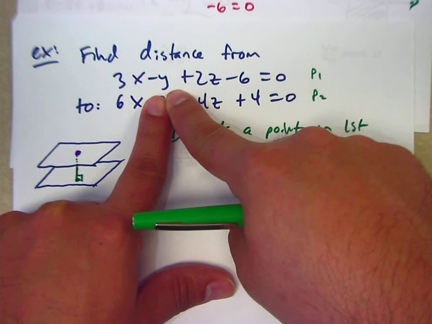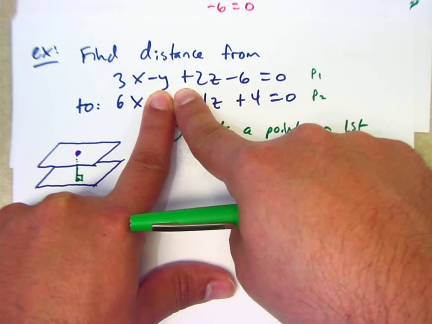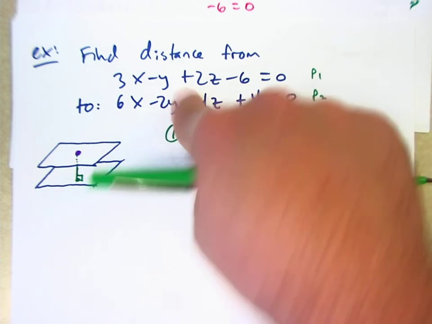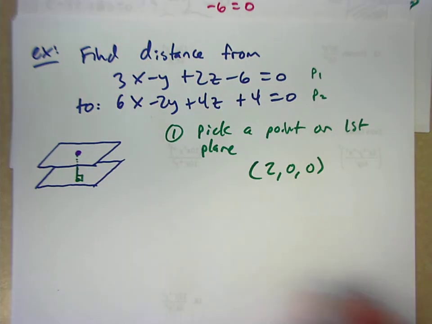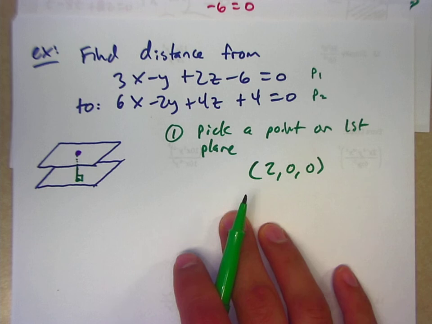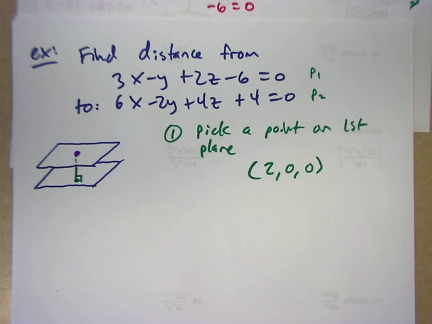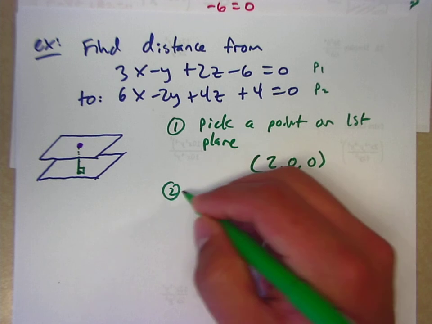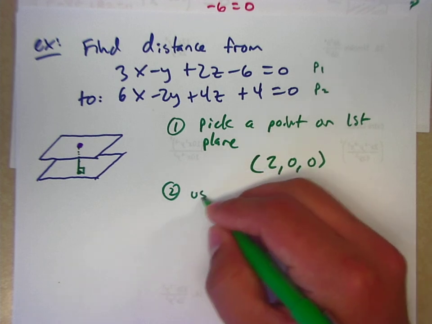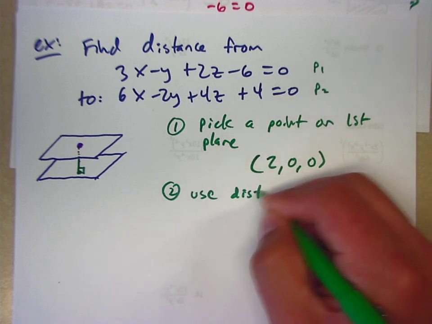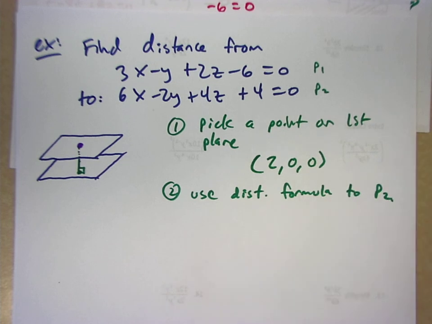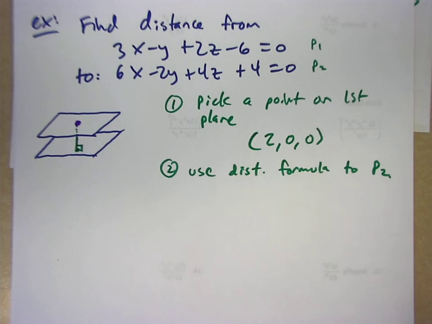You could have done 0, 6, 0, or 0, negative 6, 0. If you choose to do the z-intercept, you'd have 0, 0, 3. It doesn't matter. It's all going to work out just the same. But here's your point. And now you're just going to use the distance formula to plane 2. So now we can just plug everything in and we're good to go.